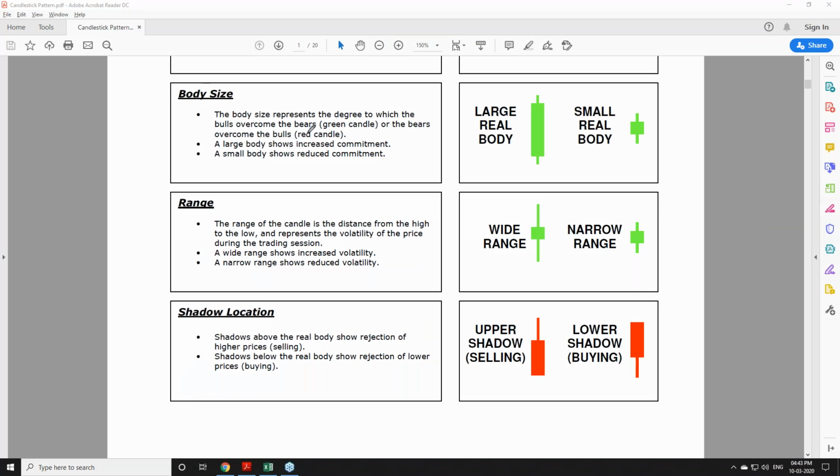The body size represents the degree to which the bulls overcome the bears or the bears overcome the bulls. That is the green and red candle. A larger body shows increased commitment, and a small body shows reduced commitment.